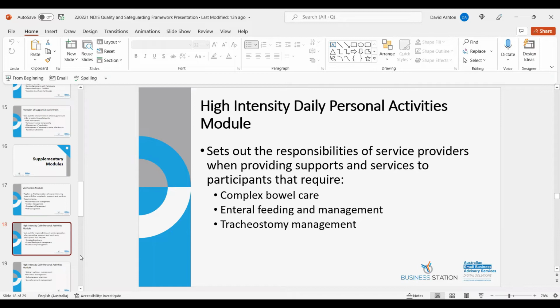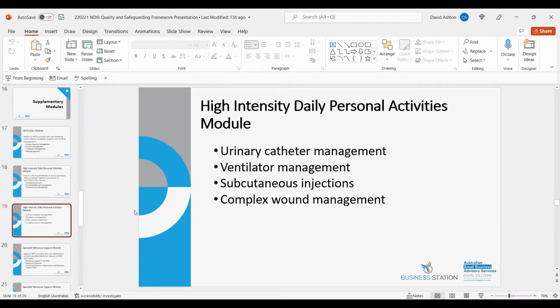So bowel care, feeding, and the like, they're the ones that you need to have procedures in place and the right people to be able to administer those requirements.